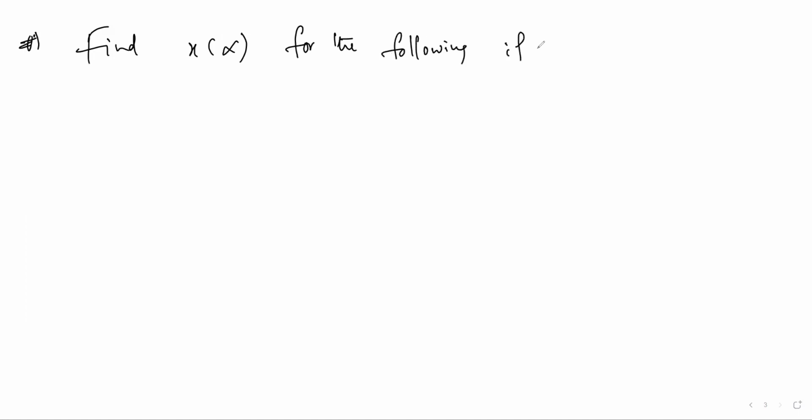Next. Find x(infinity) for the following functions, if the final value theorem is applicable.